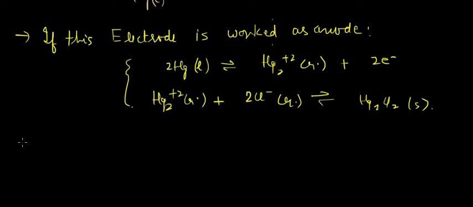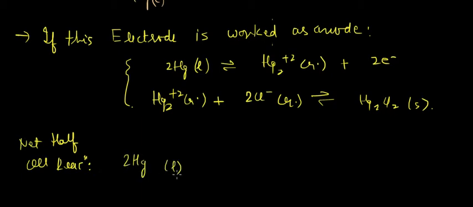Okay, so the net half cell reaction can be written by just combining these two equations. So we would be getting 2Hg(l) plus 2Cl- aqueous forms Hg2Cl2(s) plus 2 electrons.